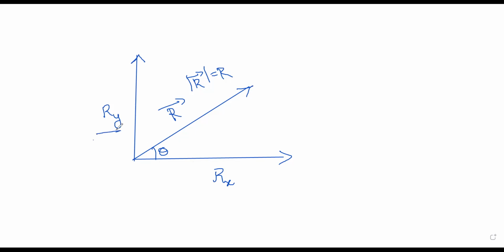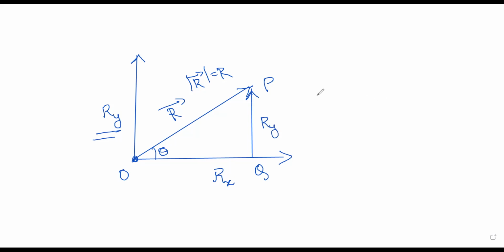And for that, we draw a parallel line for this y component, like this. Once you consider this triangle, let us say O, P, and Q, triangle OPQ, this one is my Ry and this one is my Rx.